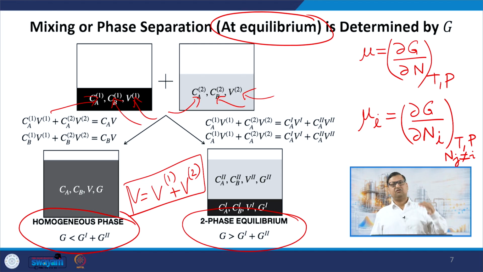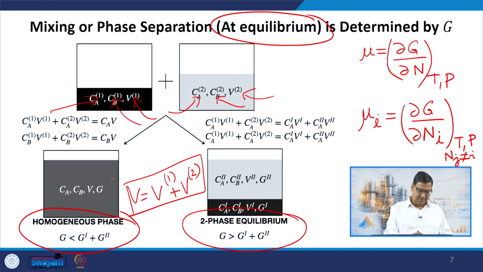In the extreme case of oil and water, there is pretty much no water in the oil phase and no oil in the water phase, but in general you can have some amount of A in the B rich phase and some amount of B in the A rich phase, that is quite likely, right.